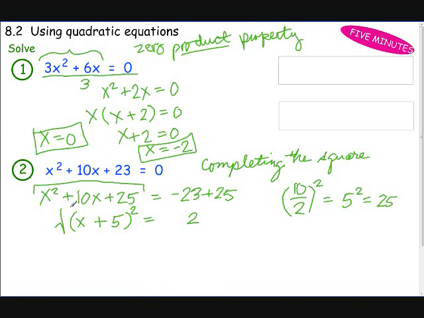Now I can take the square root of this side, and what I do to one side, I have to do to the other, remembering that this has to be plus or minus. The square root and the power of 2 undo each other, leaving me with just what was inside the parentheses.